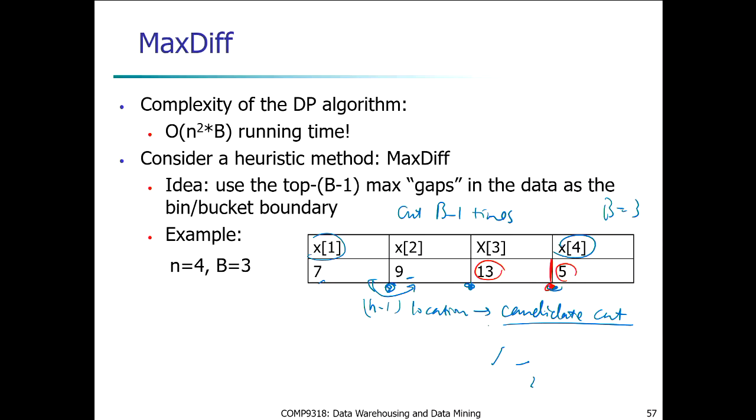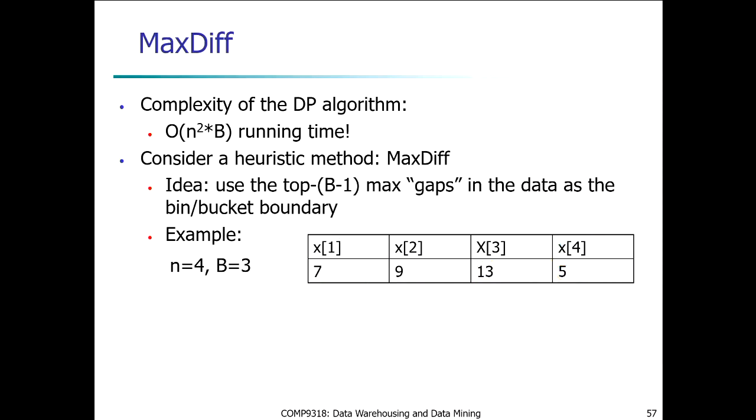Okay, so this kind of heuristic essentially says, I want to avoid putting values which are very, very different into the same bin. Use this kind of criteria to rank all the possible positions, and then you keep on selecting the best b minus 1 cut points.